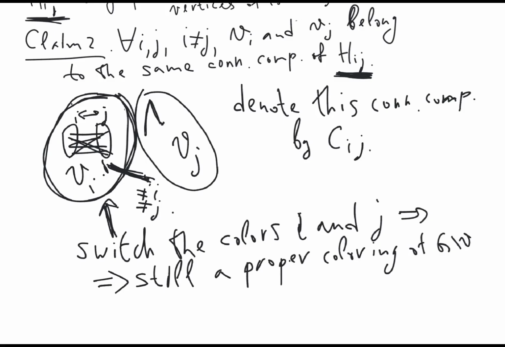But now, after this switching of the colors, the vertex Vi would be colored j.